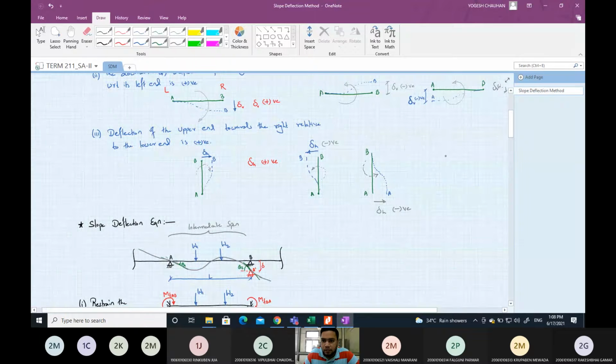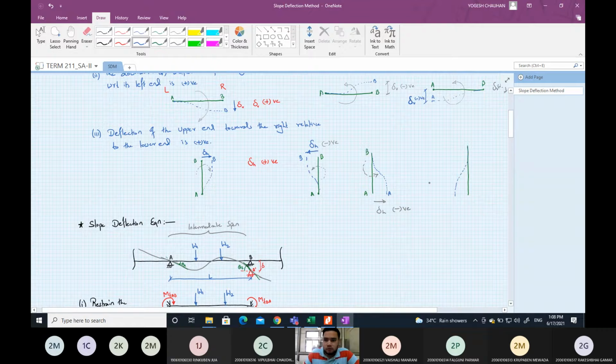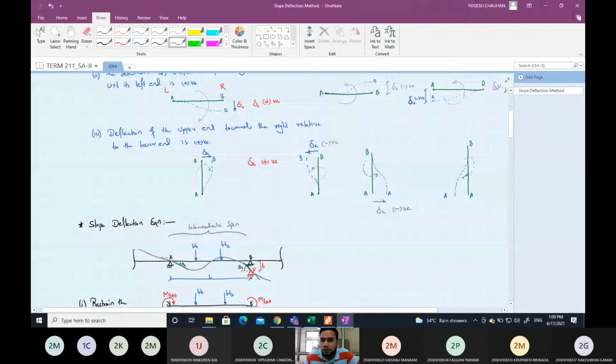And suppose that the lower end deflects towards the left, in this case it will tend to rotate the beam in clockwise direction, so your deflection which is towards the left will be positive in this case.